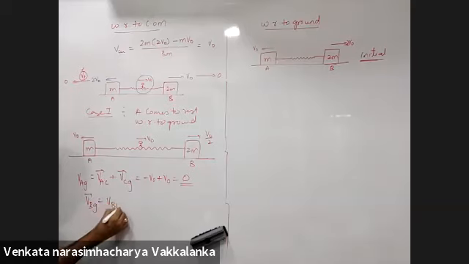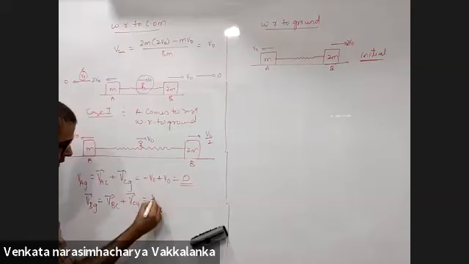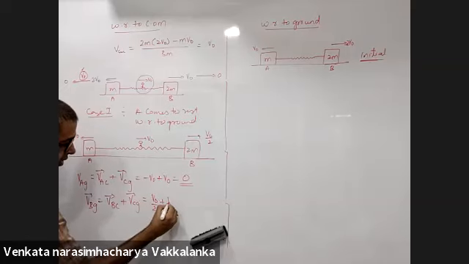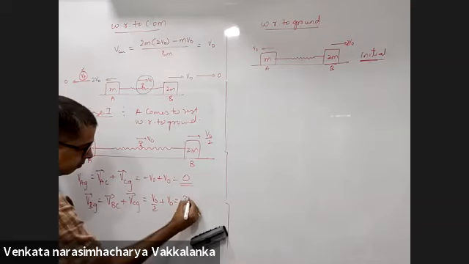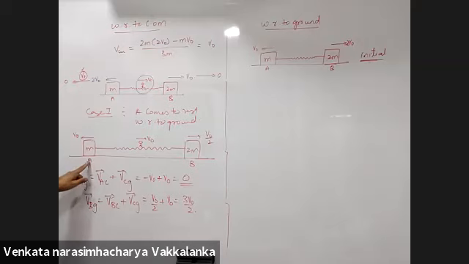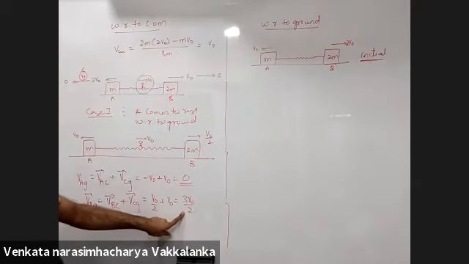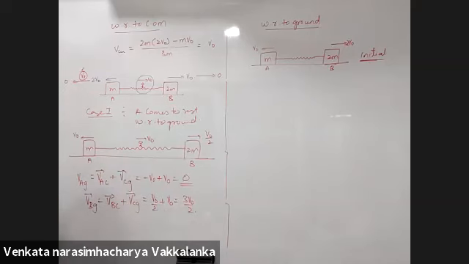Velocity of B with respect to center of mass plus velocity of center of mass with respect to ground. B with respect to center of mass is v0 by 2 plus velocity of center of mass with respect to ground is v0. So when A comes to rest, B will be moving with a velocity of 3v0 by 2 with respect to ground.